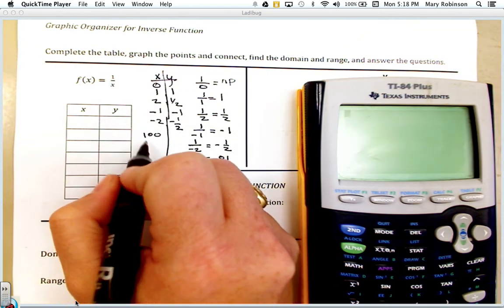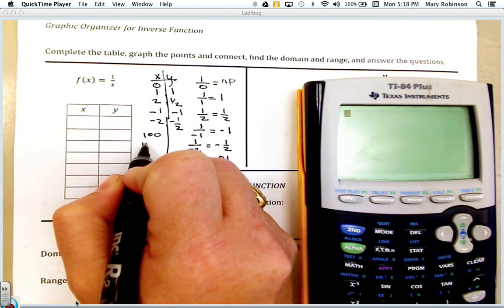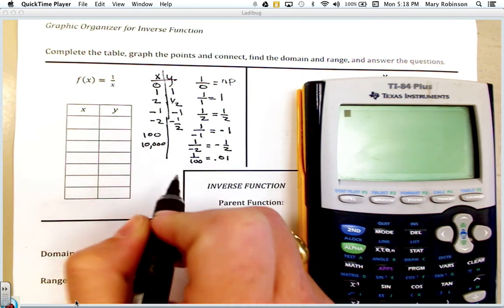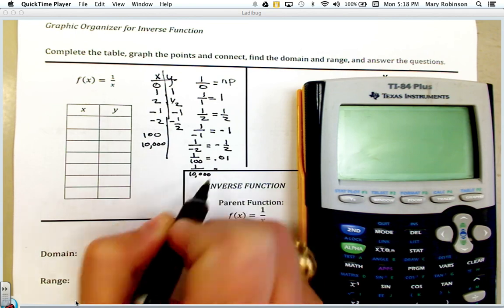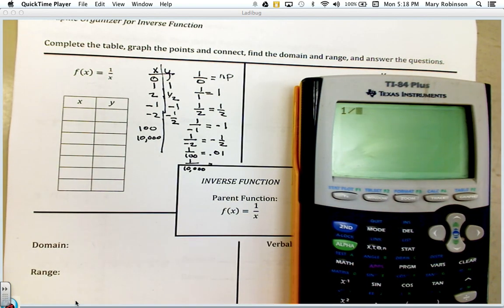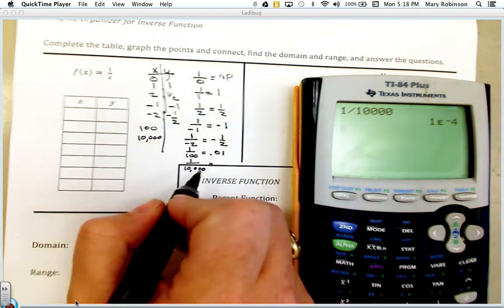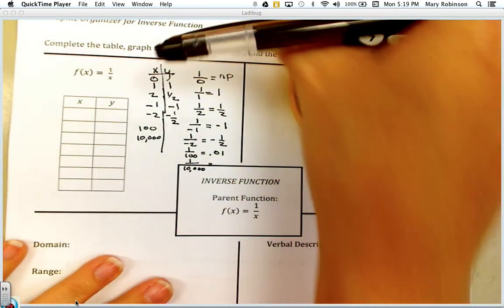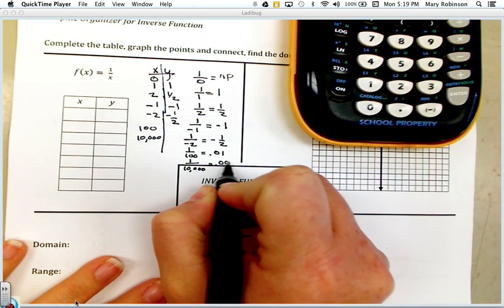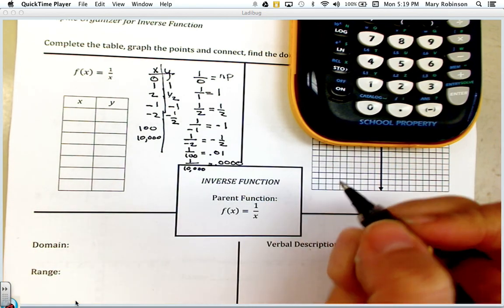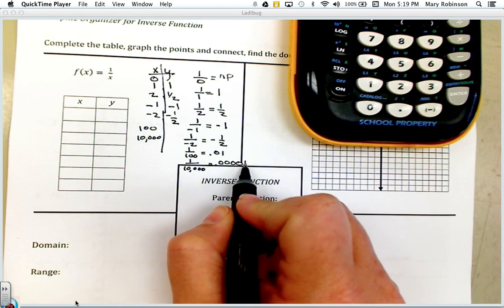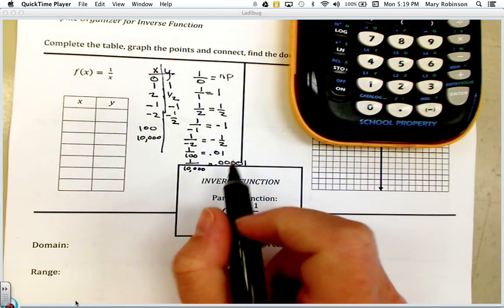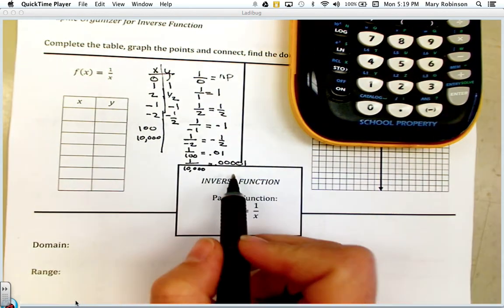Let's see, what if we put in 10,000? Then we would have 1 over 10,000, and that would give us 1/10,000th. That's tenths, hundredths, thousandths, ten-thousandths. So we would get a really, really tiny number, but we know that it can't ever equal 0.